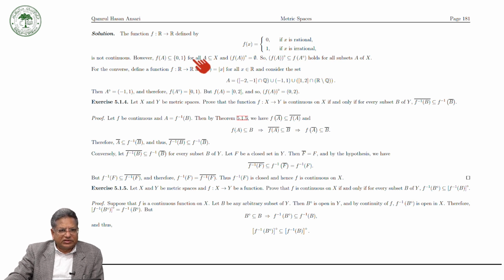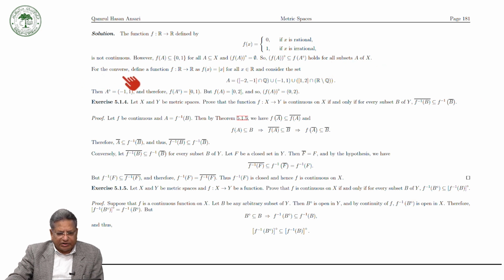And we can see that f of A is a subset of the set consisting of 0 and 1 for all subsets A of X. And then the interior of f of A is equal to the empty set. And so the interior of f of A must be a subset of f of the interior of A. This holds for all subsets A of X.